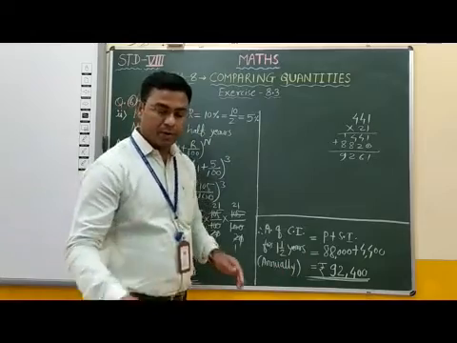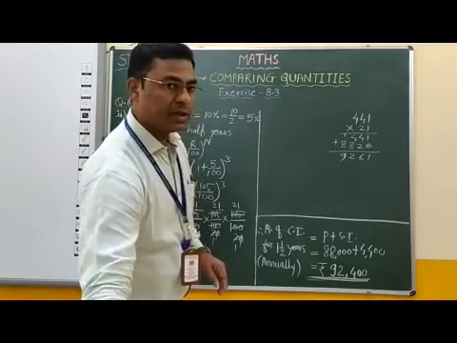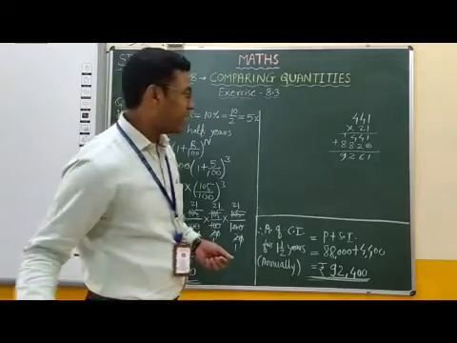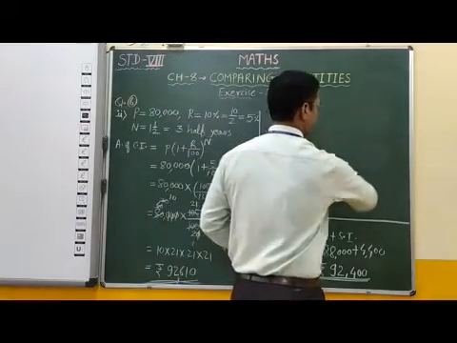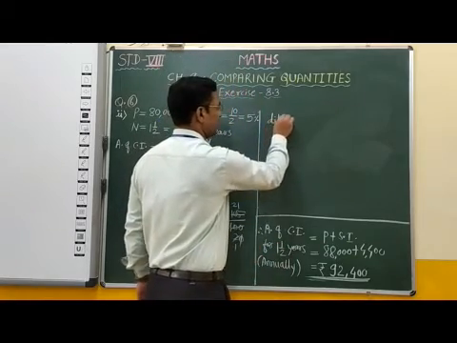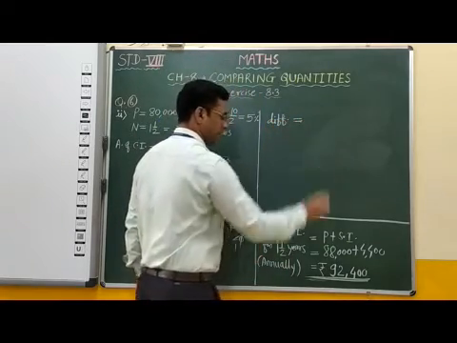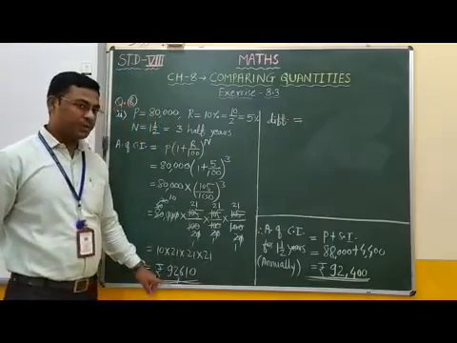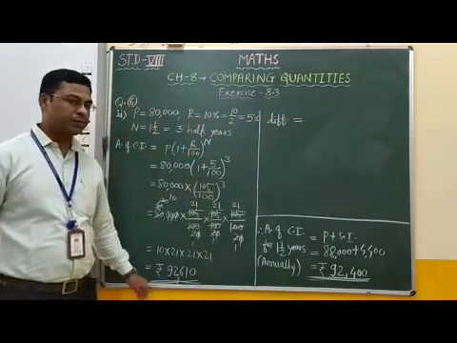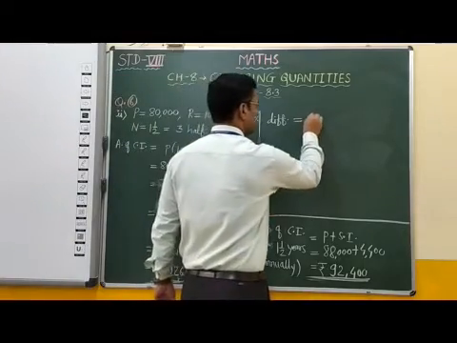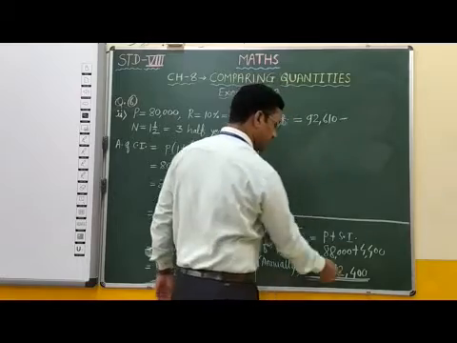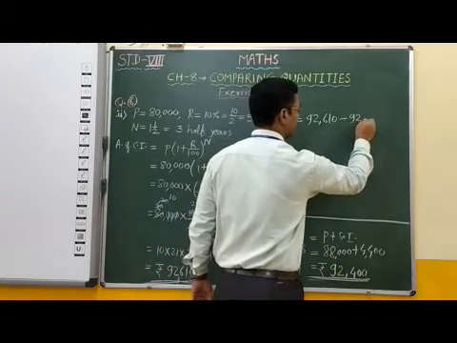Now we have to find out the difference between these two amounts. Therefore, the difference is equal to, now we have to subtract this amount from this amount. Therefore 92,610 minus 92,400.